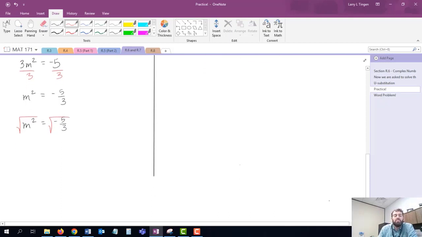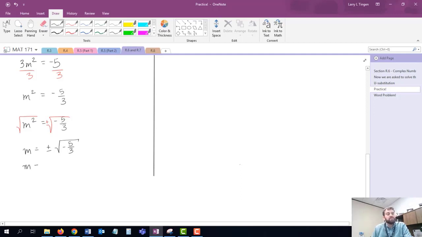Solve for m means get m by itself. Take the square root, but remember when you take that square root of a real number, it does require you to consider the positive and negative results. So this means m is equal to the positive and negative square root of negative 5/3. Now, there's a couple of things going on here.